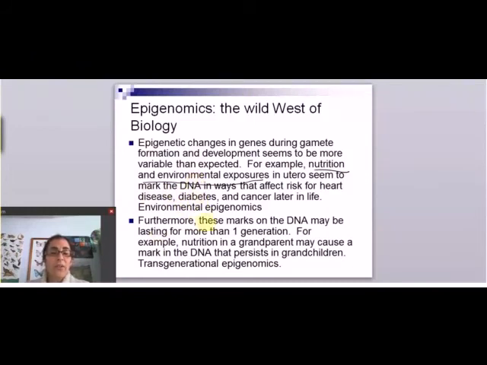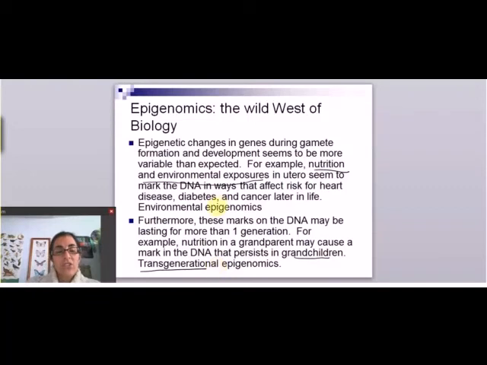There's also examples that we've now seen where the imprinting doesn't just last the lifetime of an individual, it lasts more than one generation. For example, nutrition in a grandparent might mark the DNA, and that marking might last into the grandchildren. So this is transgenerational.